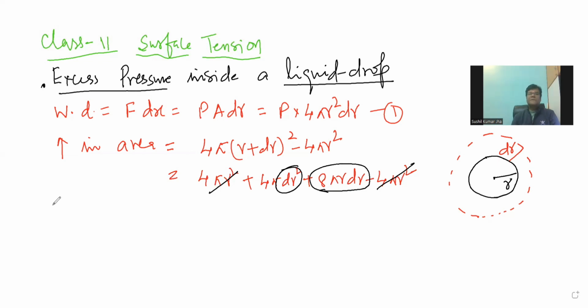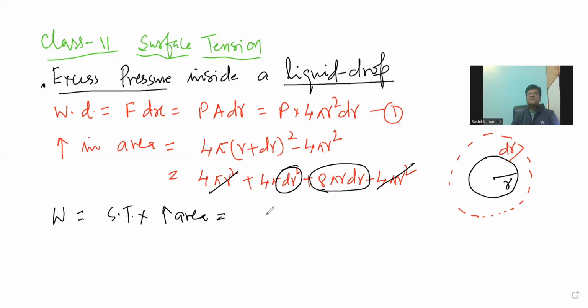Now we have already done that the work done per unit surface area is surface energy. So the work done is also surface tension multiplied by increase in area.